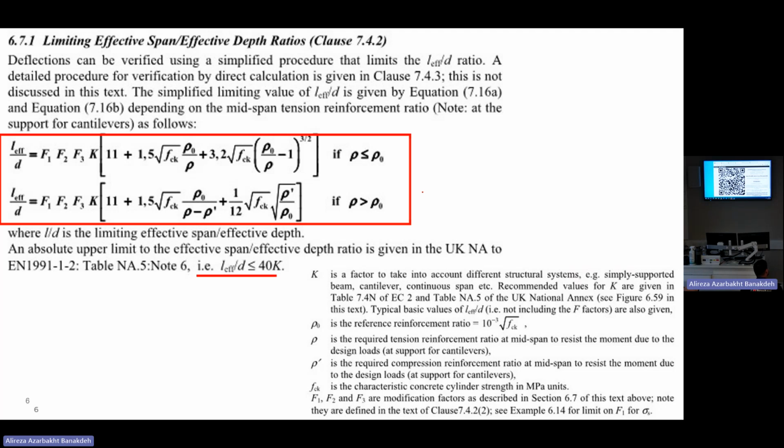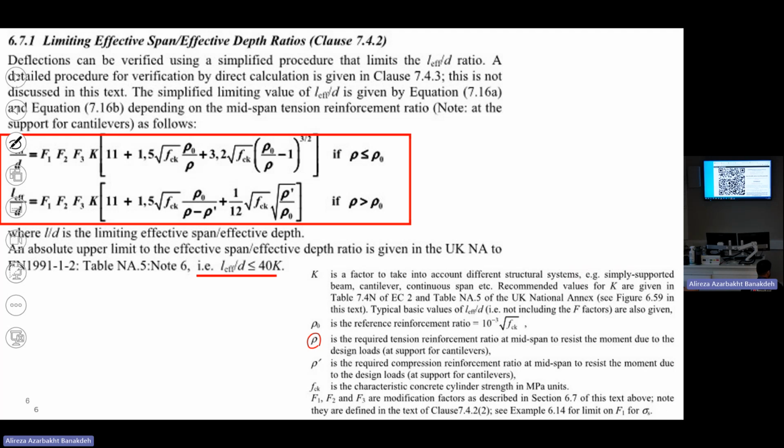First of all, we need to see which one is our case, if we are here or here. Rho and rho 0. Rho is the required tension reinforcement ratio at midspan to resist the moment due to the design loads, at support for cantilevers.